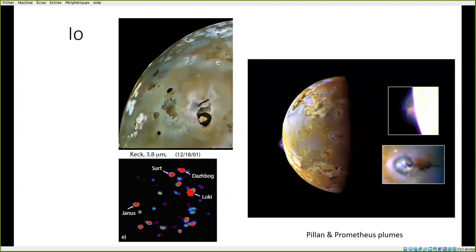Both the plumes and the sublimating frost lead to the production of a tenuous atmosphere, which partly escapes at a rate of about 1 ton per second, and which then forms a torus of neutral and ionized material around Jupiter, which in turn may interact with the atmosphere and the surface itself.